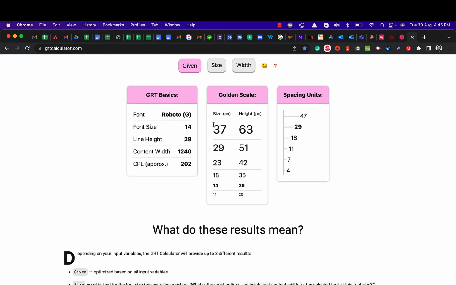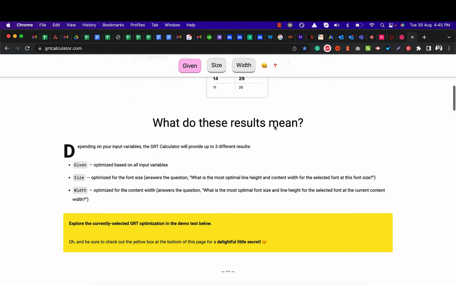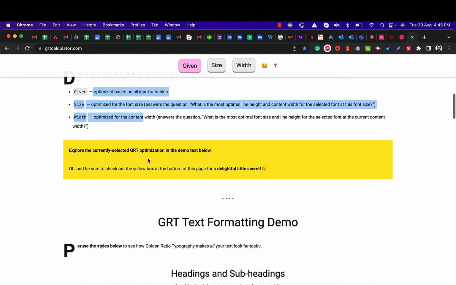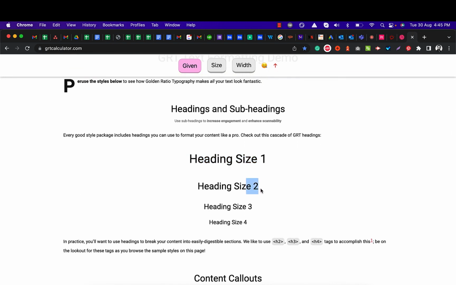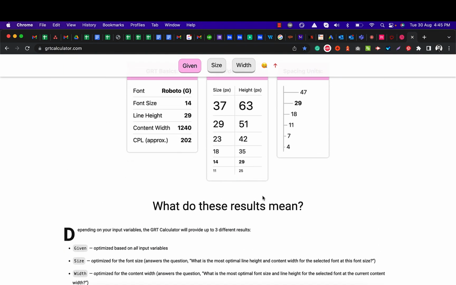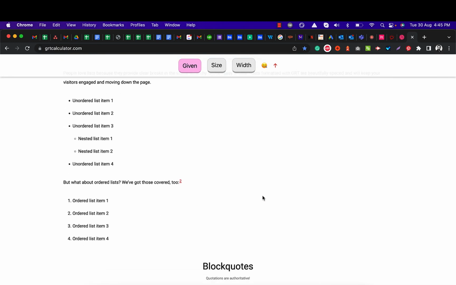Below we have an example of this calculator applied. This is one paragraph to another paragraph. See the H1, H2, H3 tags, and the height is the same as on top, 63 pixels. So this calculator will help you create a balanced design related to typography.